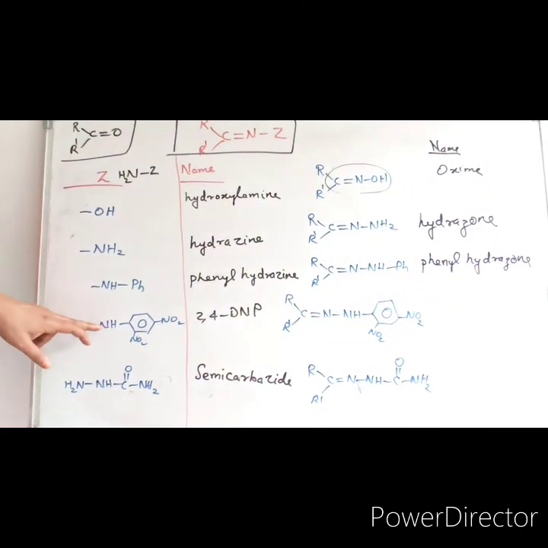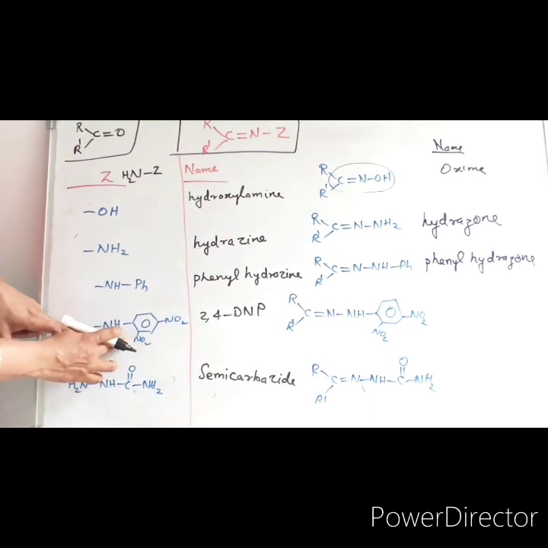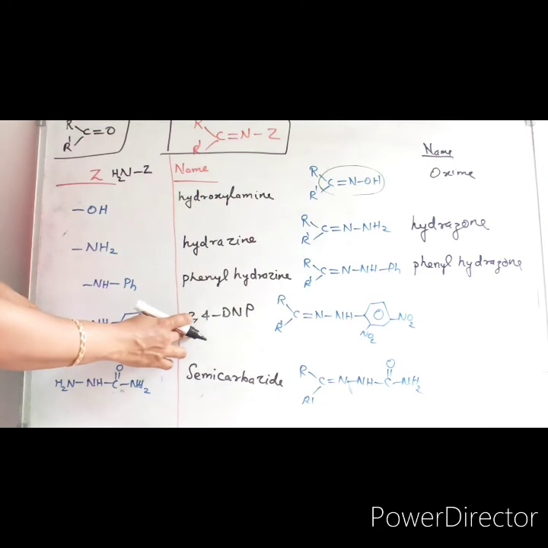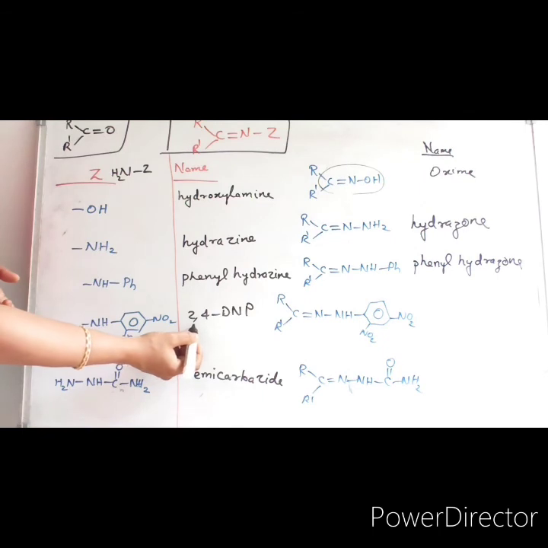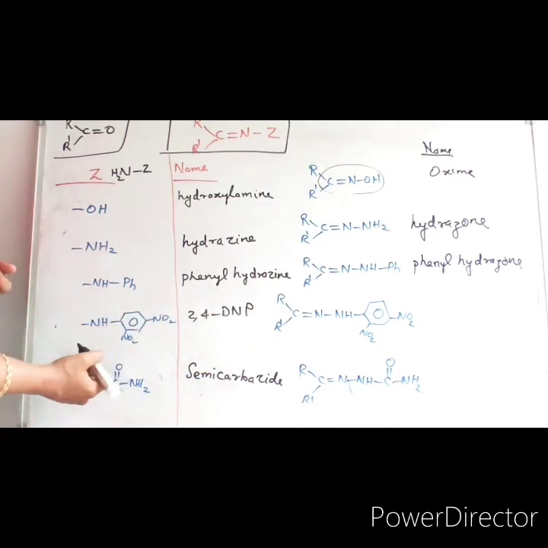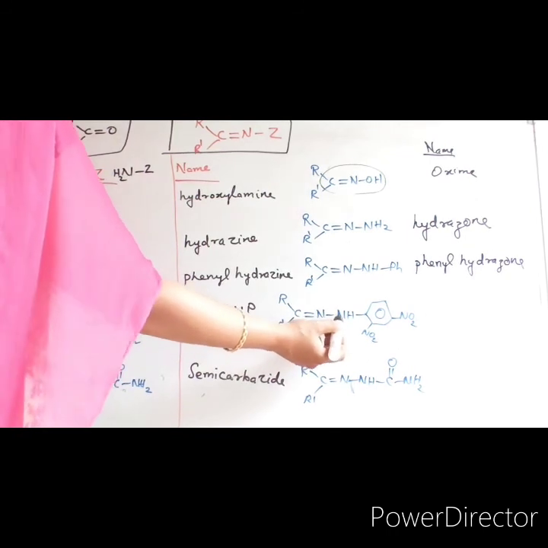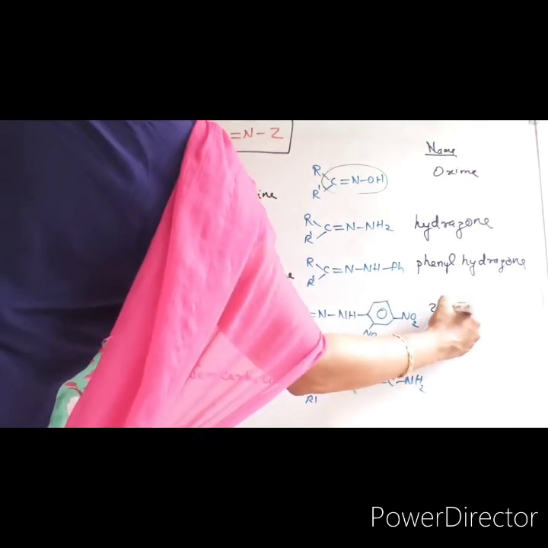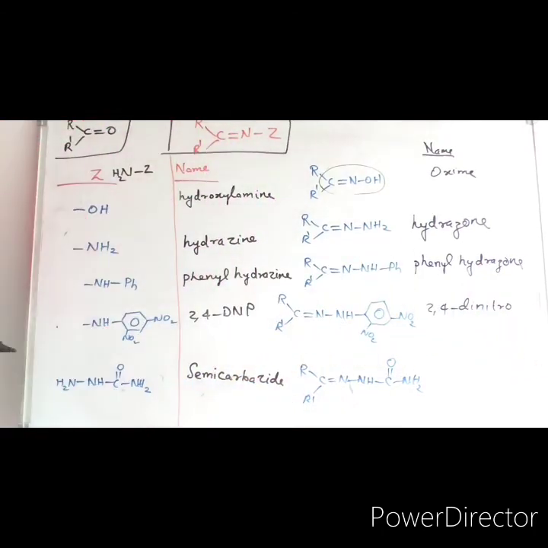Now the Z group could be NH with a 2,4-dinitro derivative. That reagent, which we use in the glucose identification test or the aldehyde identification test, is 2,4-dinitrophenylhydrazine. The condensation product you will be getting is R C double bond N H, and this is called 2,4-dinitrophenylhydrazone.